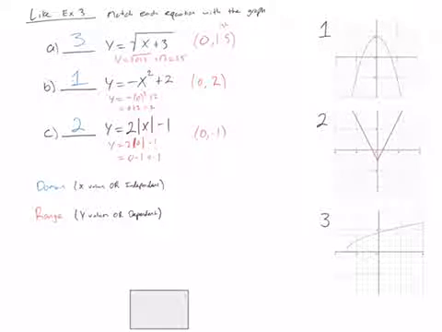Now, we need to talk about domain and range. The domain is x values that you can plug in, and the range is y values that come out. Some functions you end up with all the x values, all the y values. Let's look at these three pictures here. Let's see which x values we can use for each of these.